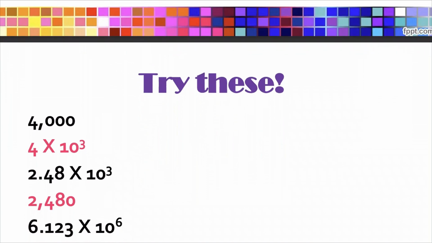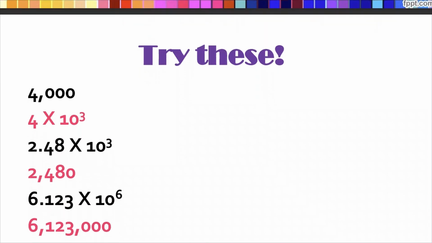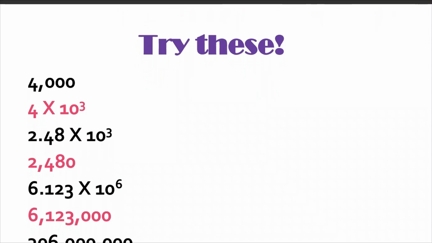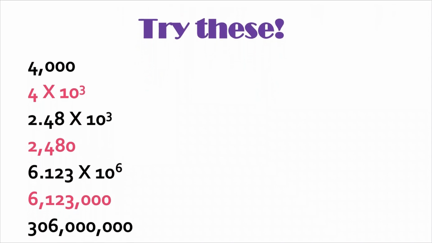Next example, 6 decimal 123 times 10 raised to the power 6. Remove the decimal, so it should be 6123. So 3 digits already we counted, 1, 2, 3. How many 0? 3 more. So 6123 and 3 0. 306 millions.